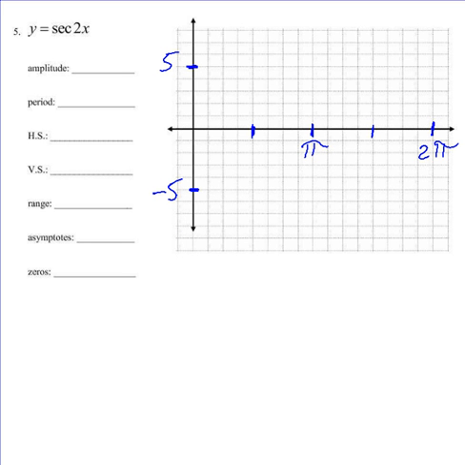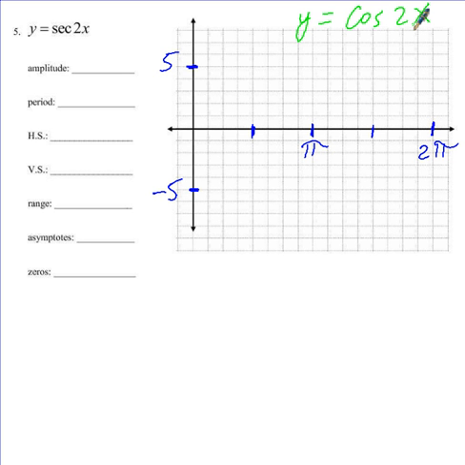Problem 5. Now we're graphing the secant function, and just to remind you, the secant function is the reciprocal function for cosine. So I might remind myself that I could graph cosine of 2x first. In fact, that's probably the best thing to do.